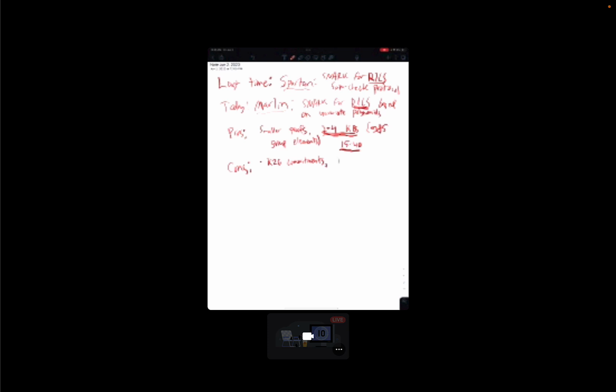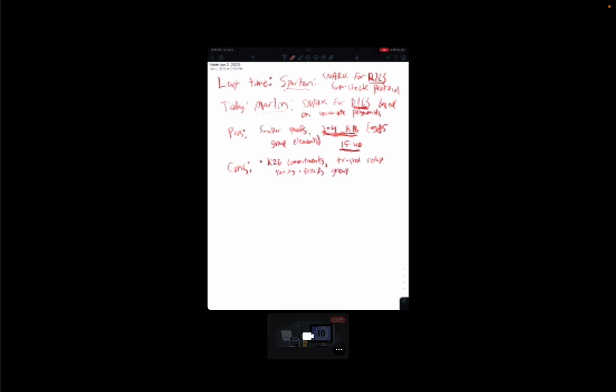But it does require a trusted setup, as well as a pairing friendly group, which somewhat limits the group one works over, and increases certain costs because the group elements are a little bit bigger than groups that aren't necessarily pairing friendly.